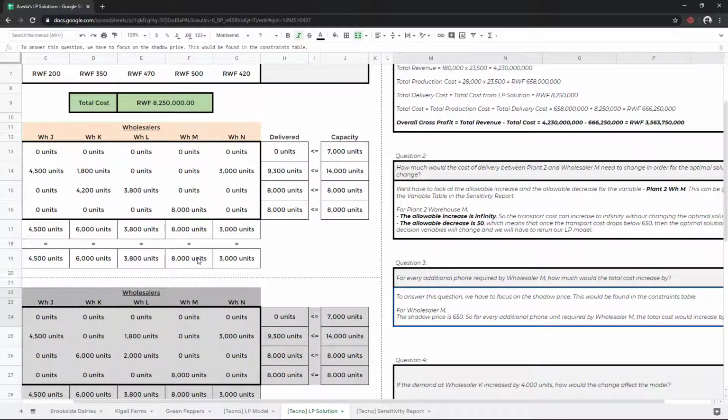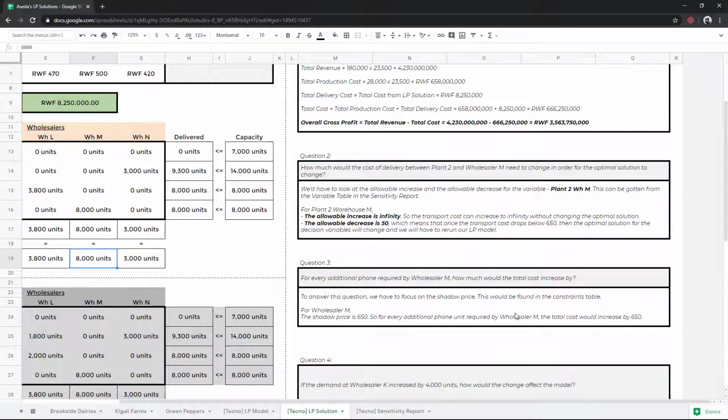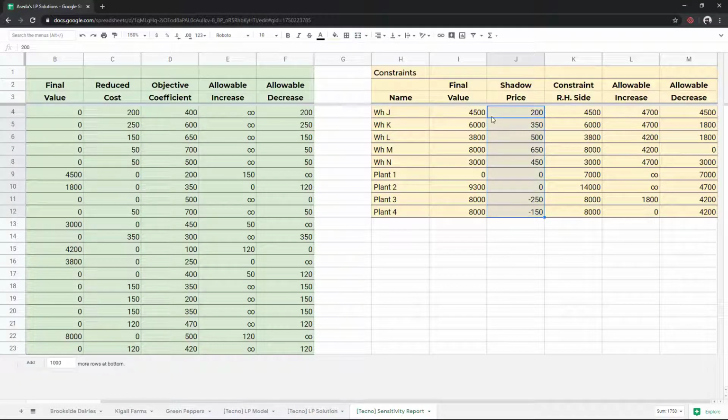So if I increase wholesaler M to 8,001 units, so I've increased it by 1 more unit, how much is this cost going to change, right? So what this is telling you is that for wholesaler M, anytime I increase my demand by 1 unit, so if wholesaler M says they are now demanding 8,001 units, my total cost is going to increase by 650 Rwandan francs, right?